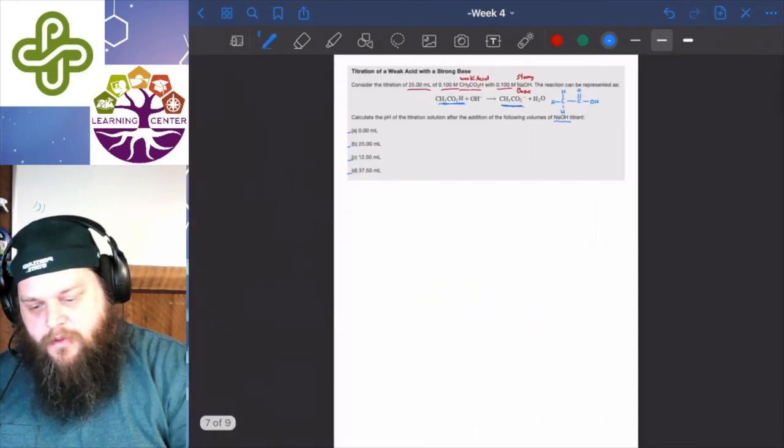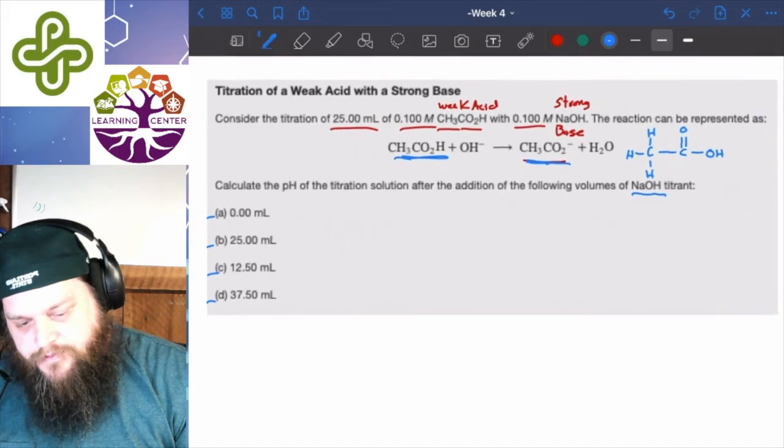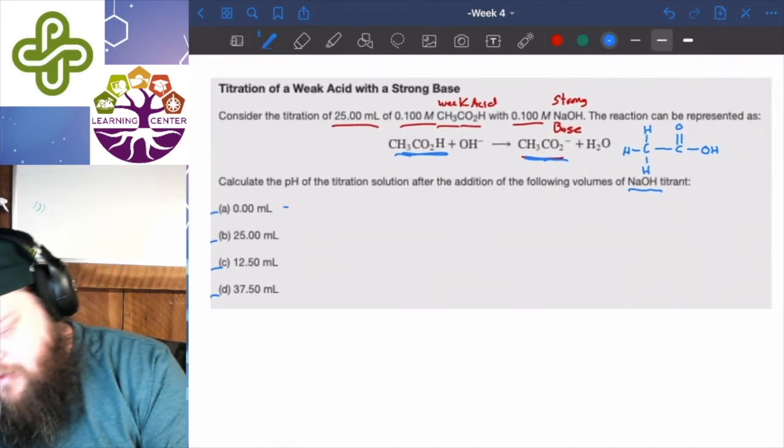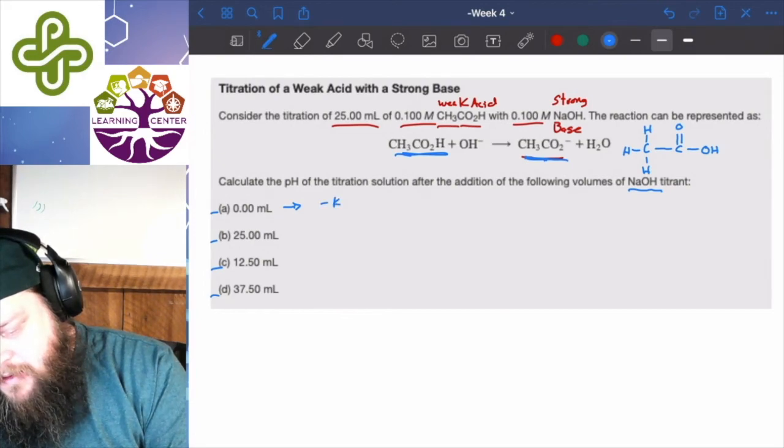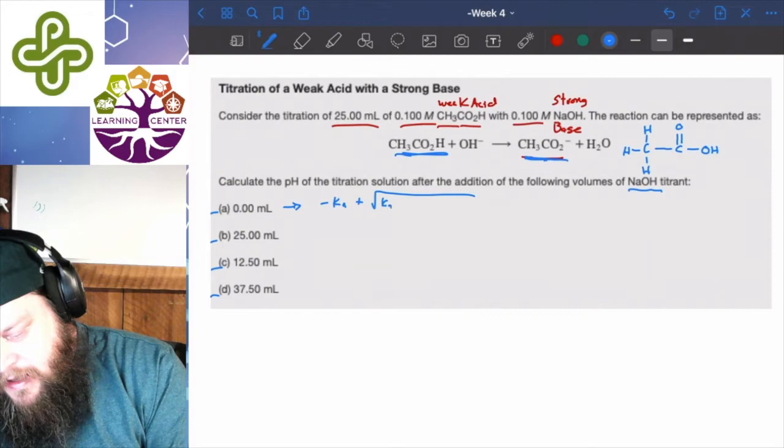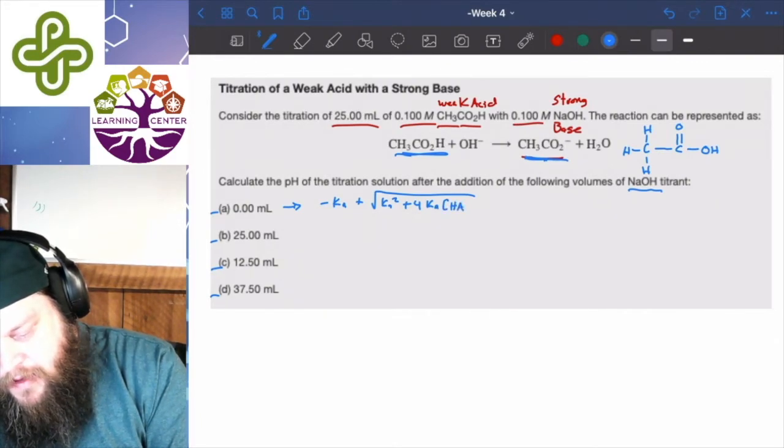Oops, wrong one. This one. So here, we want to use, I'm going to write it out, negative Ka plus the square root of Ka squared plus 4 times Ka times the concentration of the acid, all divided by 2.